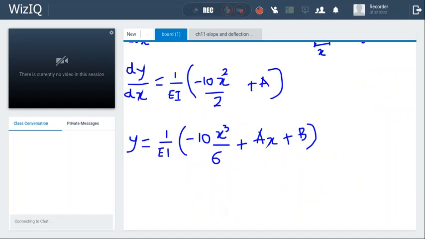So when we substitute these conditions, we can see here at x is equal to L, you have theta equal to 0.